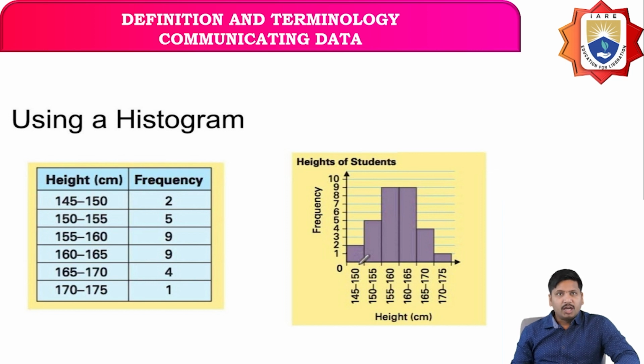Suppose I have a table of height and frequencies like this. Between 145 and 150, the frequency of people is 2, between 150 and 155 it is 5, and 155 to 160 and so on. These are the different data we have, and we have to construct the histogram. We set the intervals 145 to 150, 150 to 155, 155 to 160, 160 to 165, and 165 to 170.